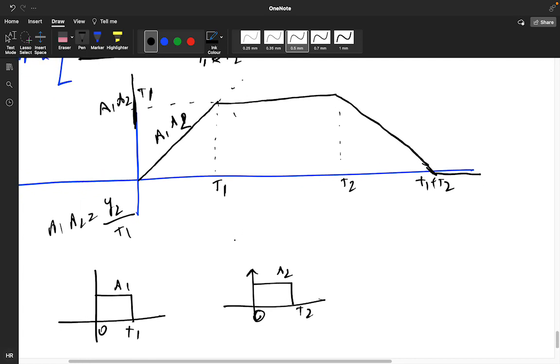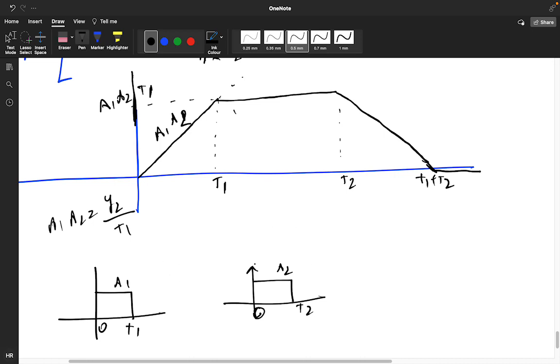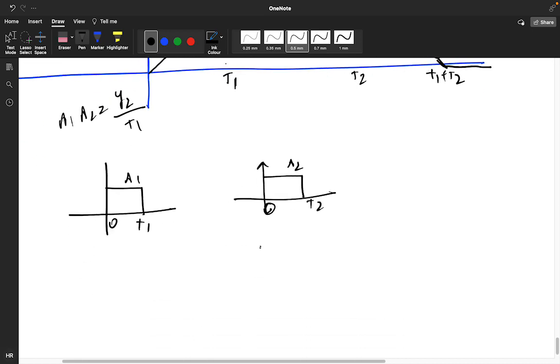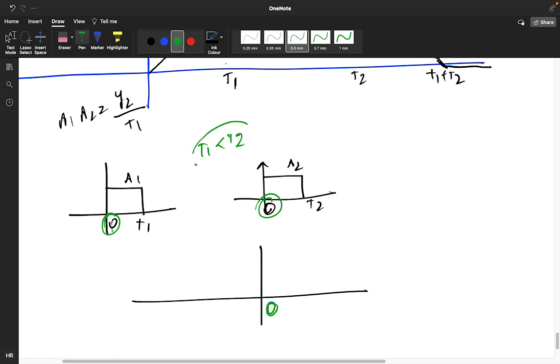The shortcut method is to do the convolution: add the lowest part 0, means here t1 is lesser than t2, add the lowest part with this, t1 will come.